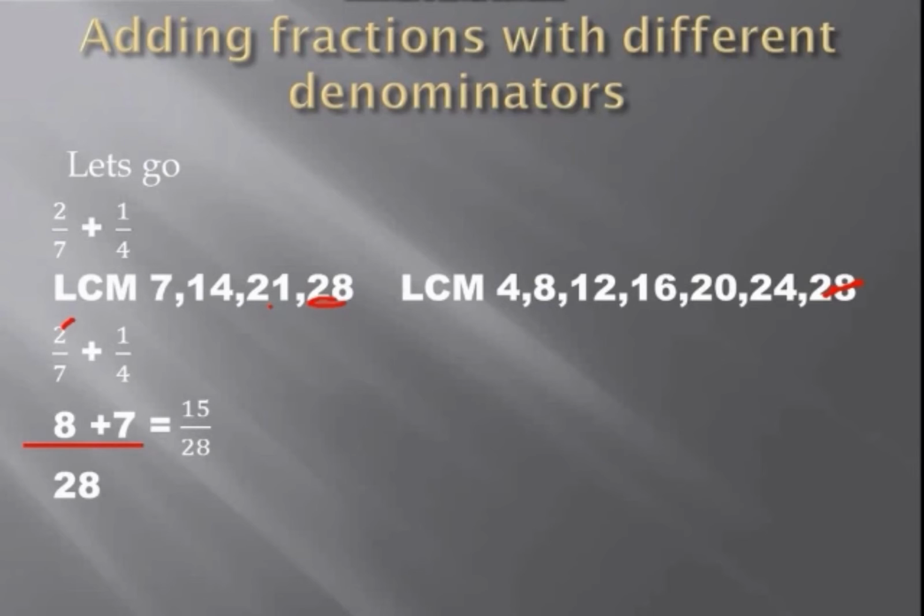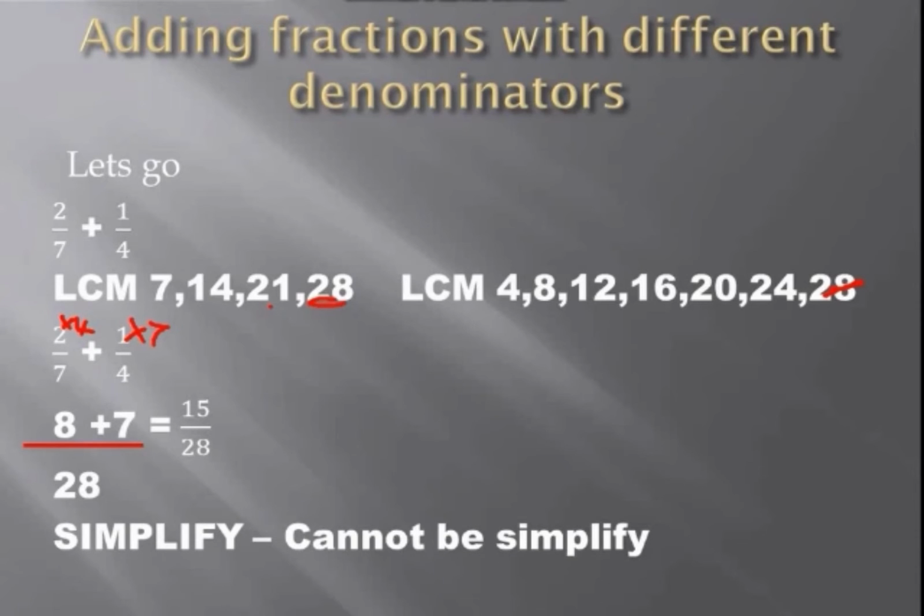You times the 2 by 4 and you get 8. You put back a plus sign and do the same thing for a quarter. Therefore, 4 into 28 goes 7 times. You times the 1 by 7, which will give you 7. And your answer is 15/28. And this fraction cannot be simplified any further.